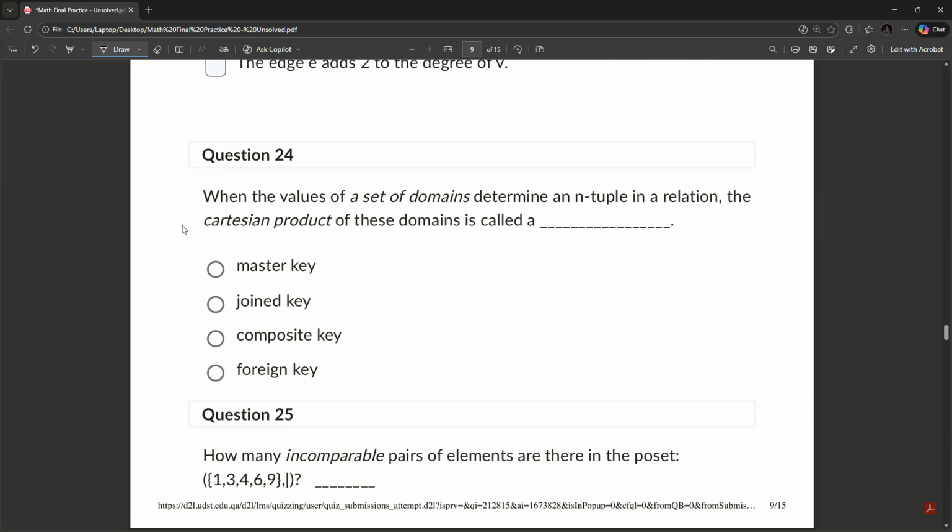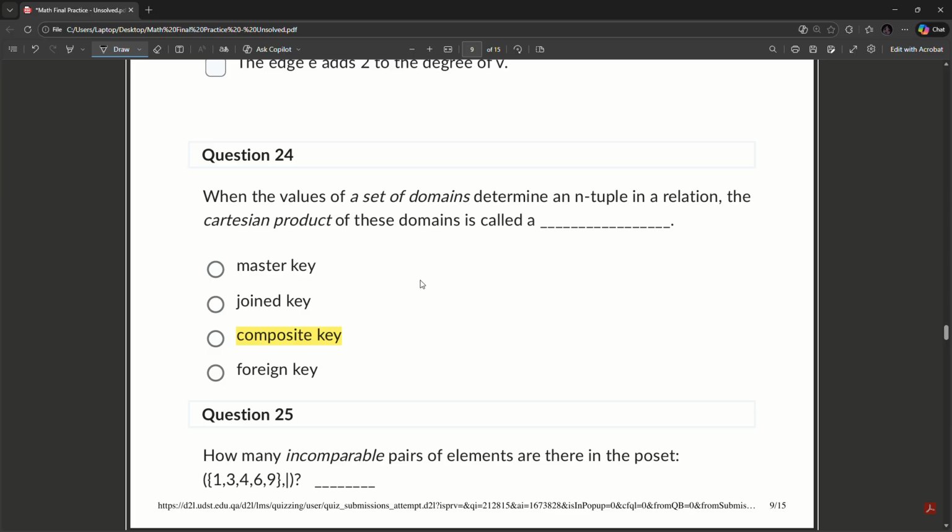But anyways, the values of a set of domains determine an n-tuple in a relation. The Cartesian product of these domains is called a composite key. Because a composite key, how it works in databases or relationships, is that two foreign keys become primary keys.